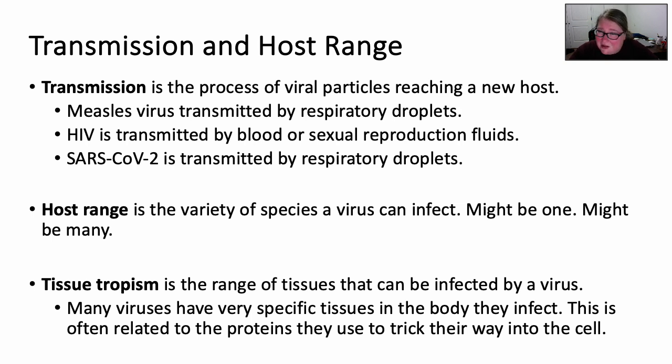It doesn't infect any other animal species. But then we have viruses like the influenza virus that have a very broad or wide host range. It can infect lots of different species. So we have the bird flu, the swine flu, we have human flu. This is an example of a virus that has a very large host range.